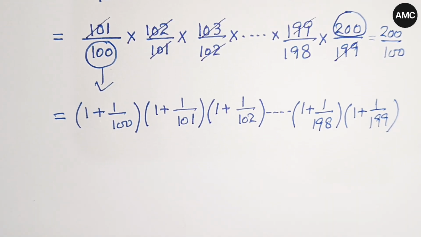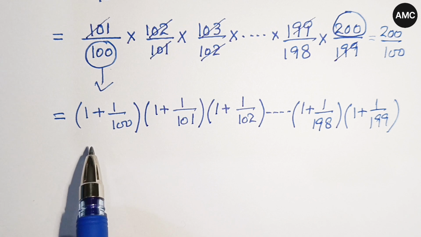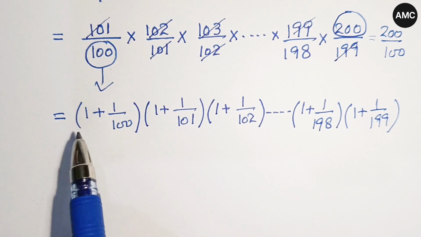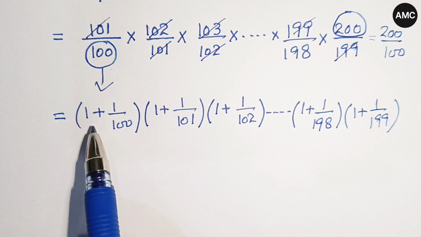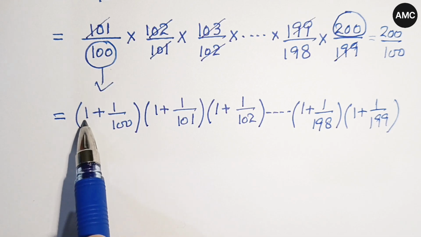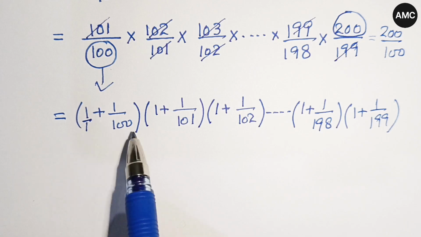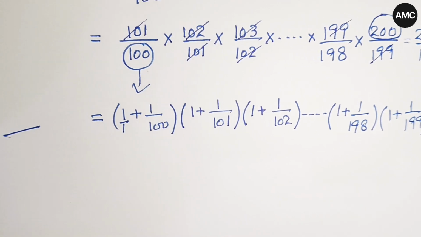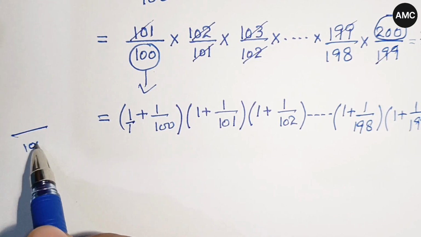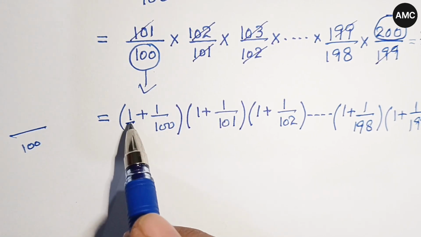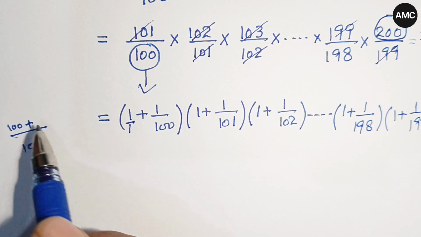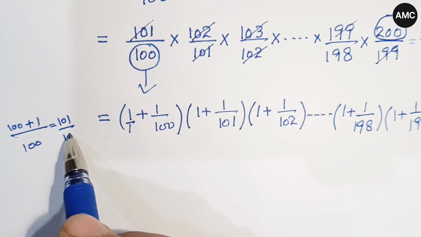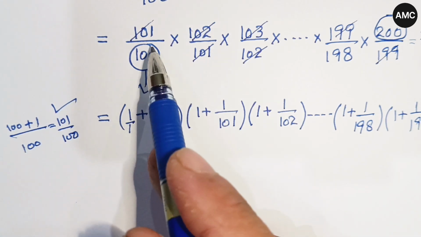Most students don't understand why these are equal, and yes, they are equal. If we take the least common multiple, here we get 100. So 100 times 1 is 100, plus 1, so it is equal to 101 divided by 100, which is equal to this one.